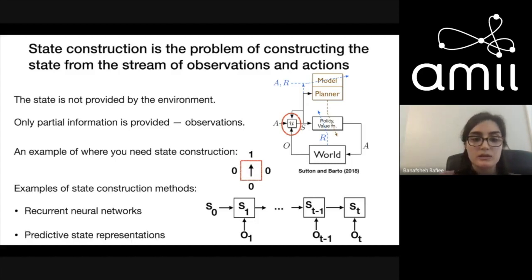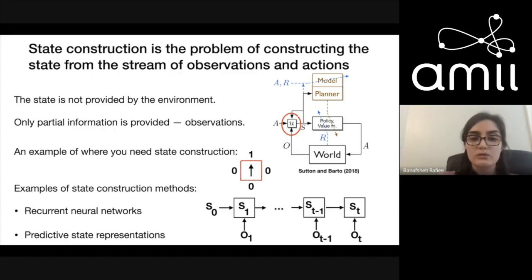Another example is predictive state representations, where we have predictions about the stream of observations and actions in the future. And if we have a sufficient number of predictions, then we can build an understanding of what state we are in.